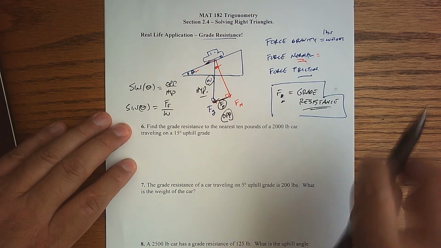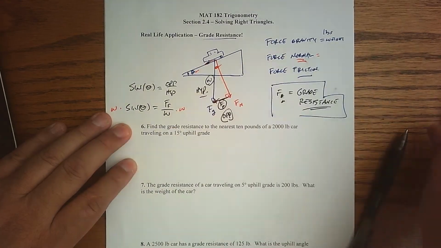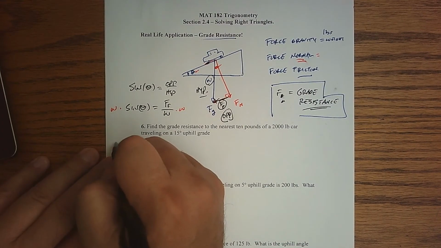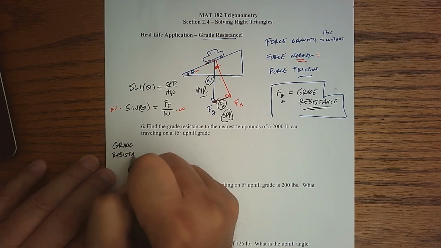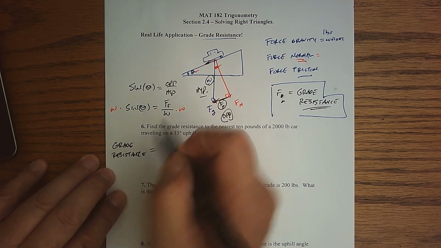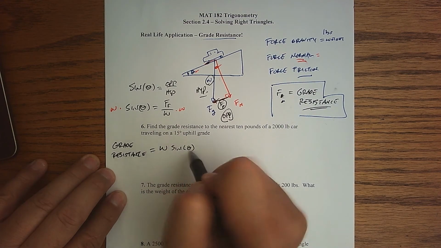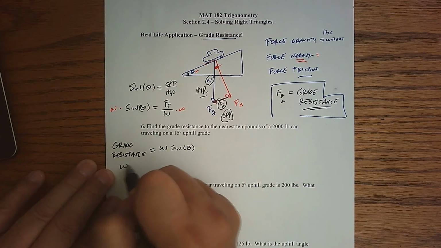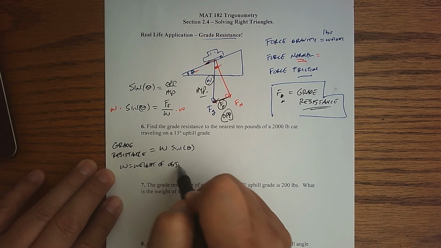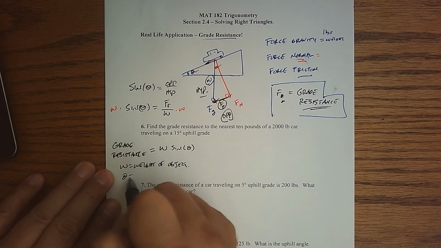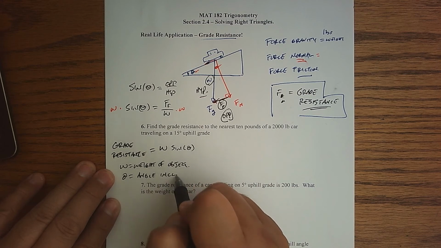And so if we multiply both sides by W, and let me just call this the grade resistance, we basically have a grade resistance formula, right? The grade resistance is equal to the weight of the object times the sine of theta, where W is the weight of the object, and theta is the angle of the incline, or of your hill.